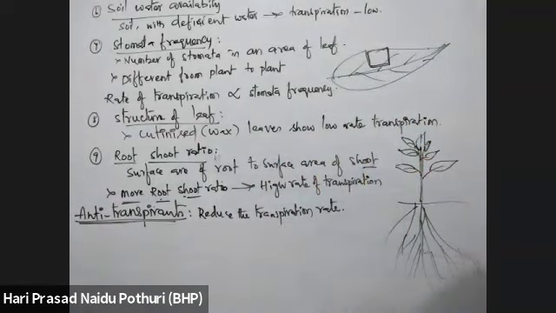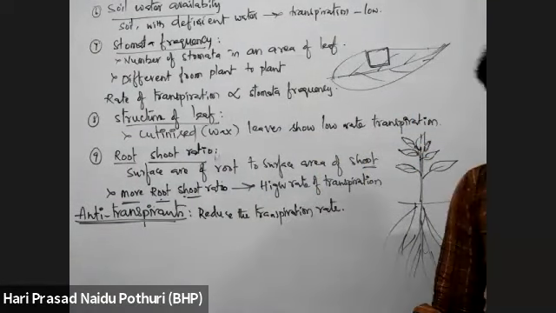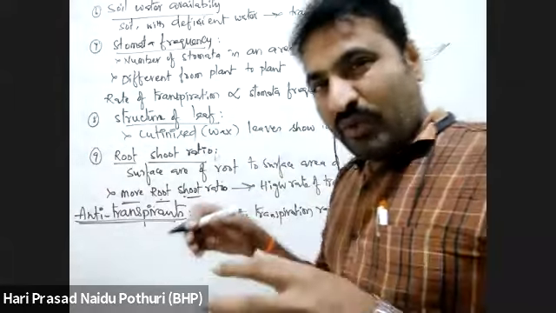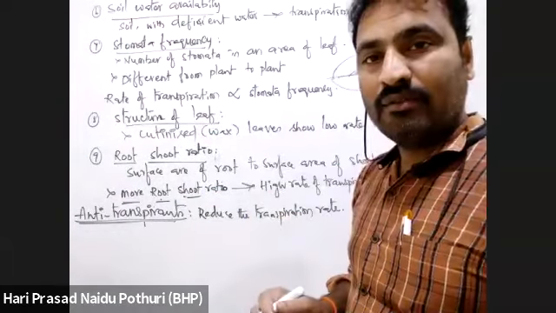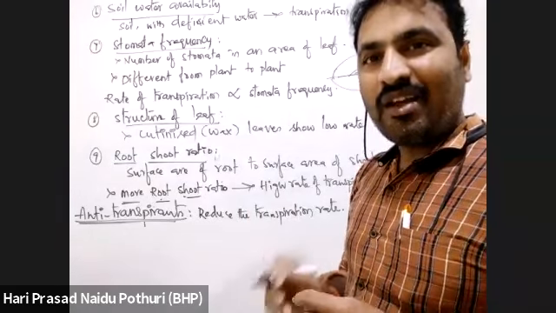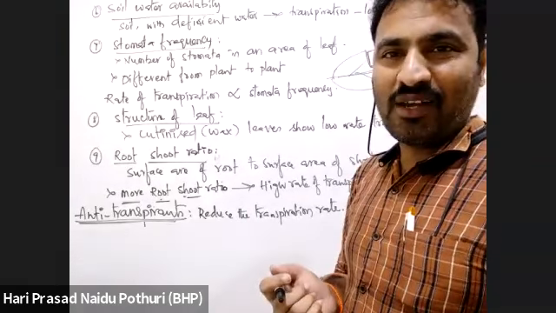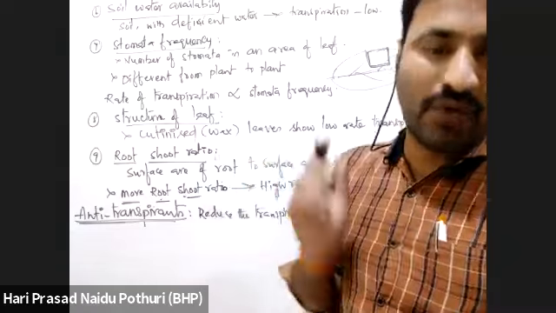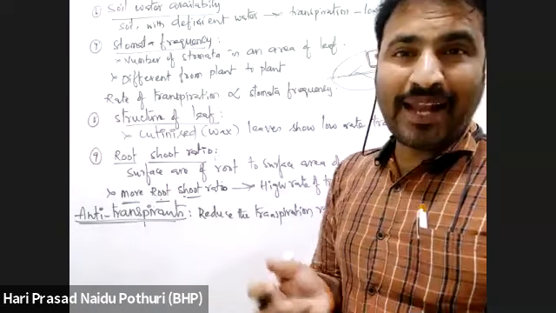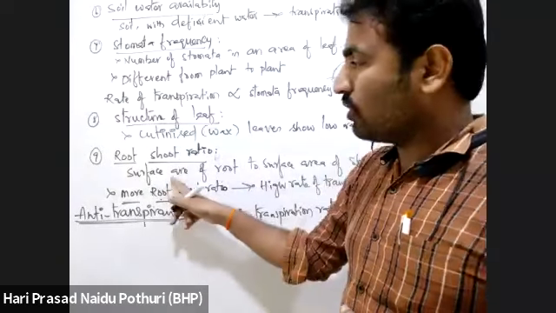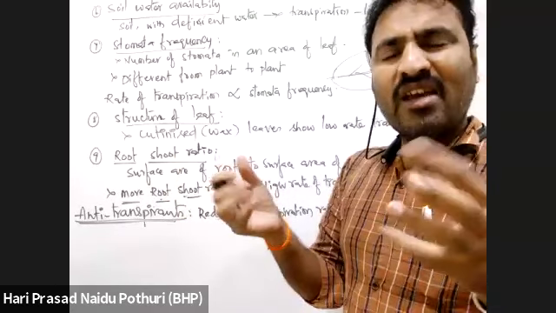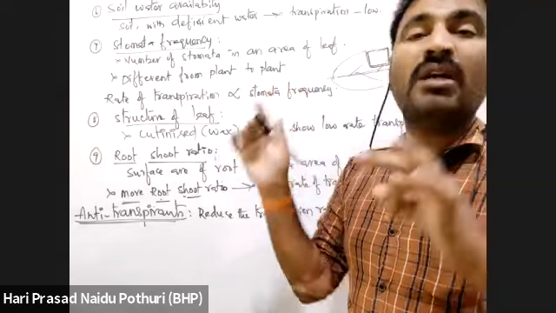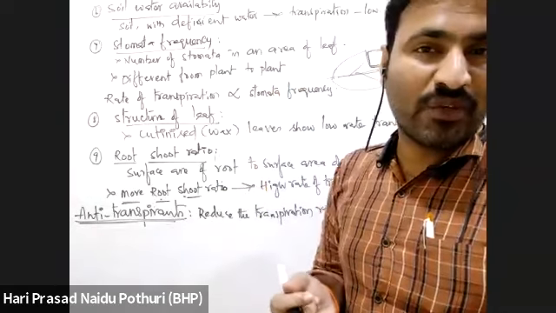These anti-transpirants are useful. Why? Suppose we are growing a plant where water is less available in the soil, we don't have plenty of water. But the plant has more shoots, leaves and branches.